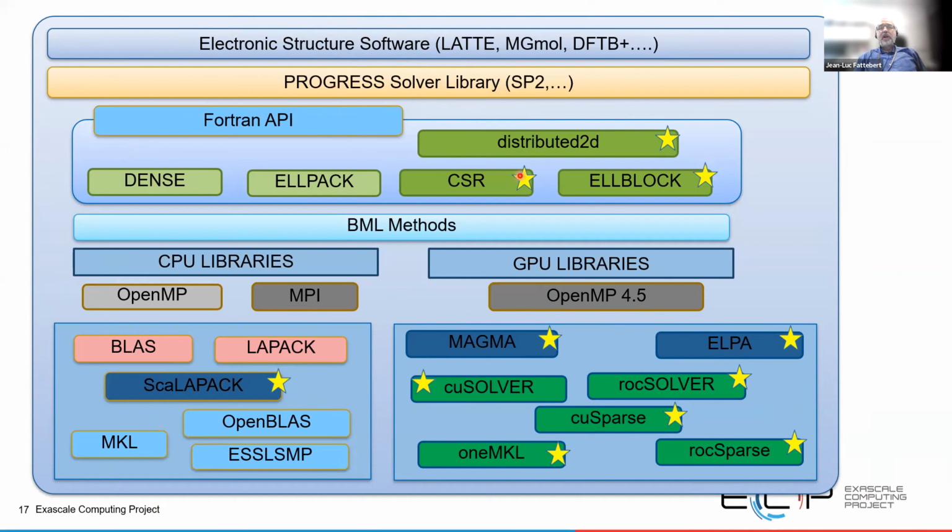I'm trying to highlight with the yellow star what was introduced recently under the Exascale Computing Project funding. It includes adding new formats, including a distributed format, and also interfacing with various libraries, distributed libraries, GPU solvers, and so on.